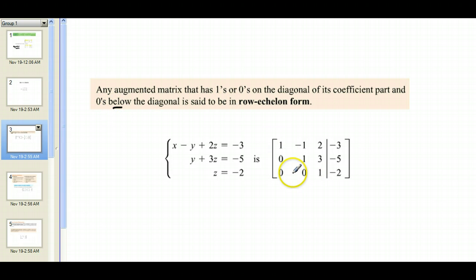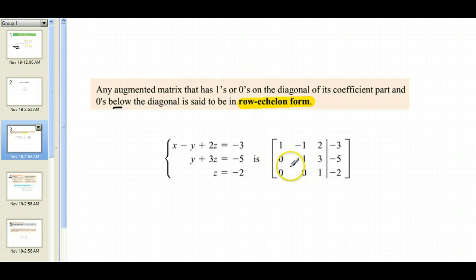So down here are zeros, but up here they don't necessarily have to be zeros. If that happens, then you have what's called the row echelon form. Alright, row echelon form, some people call it a lower triangle matrix, meaning that you have zeros below the main diagonal.